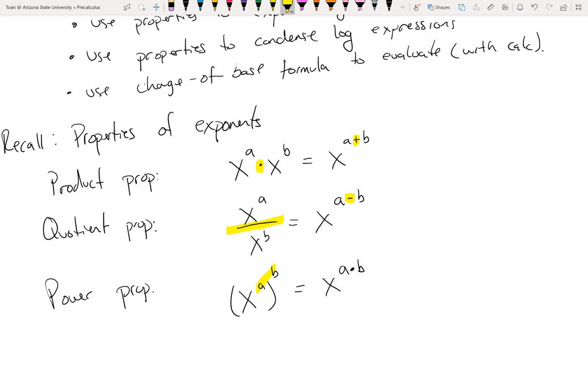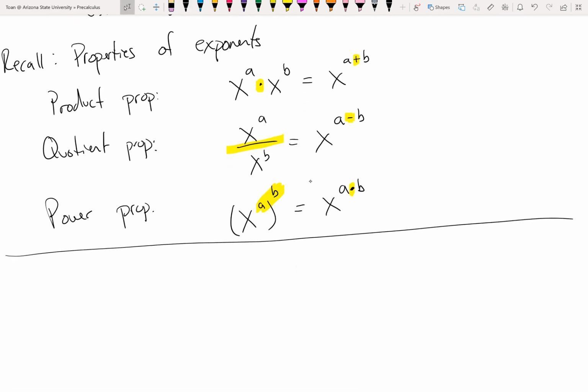The power property connects exponentiation with multiplying. That connection, multiplying with adding, dividing with subtracting, raising an exponent with multiplying. Not surprisingly, when we look at the properties of logs, they have the same relationship. So this will be what we want to focus on today.